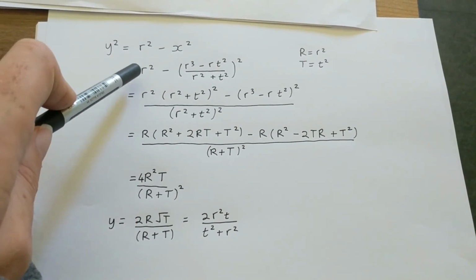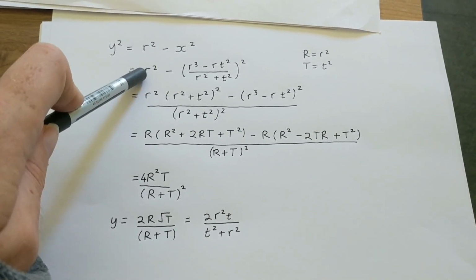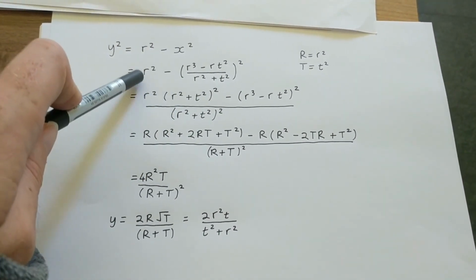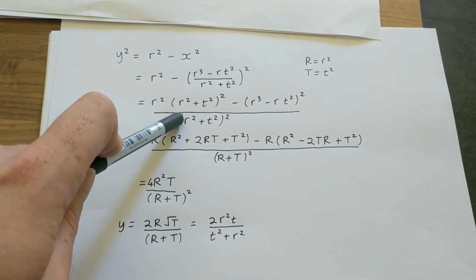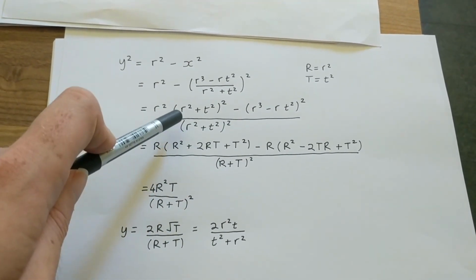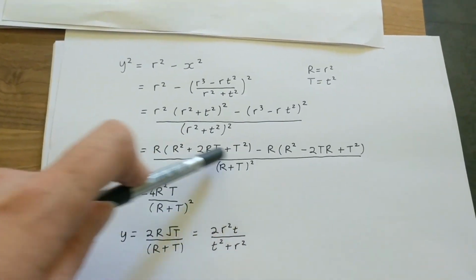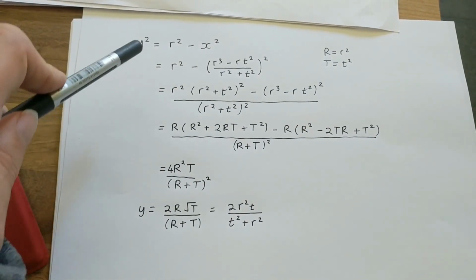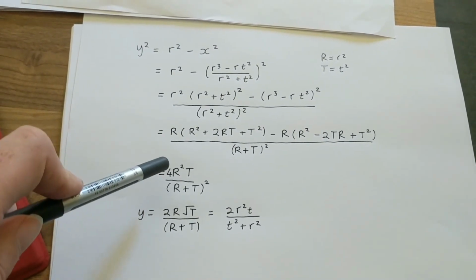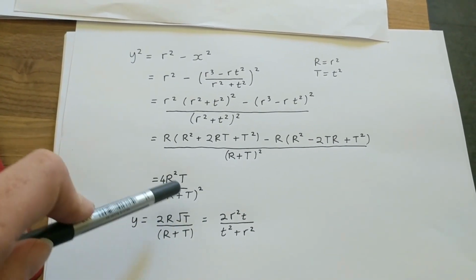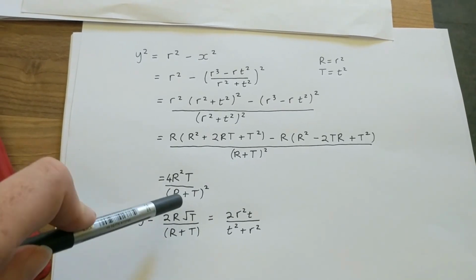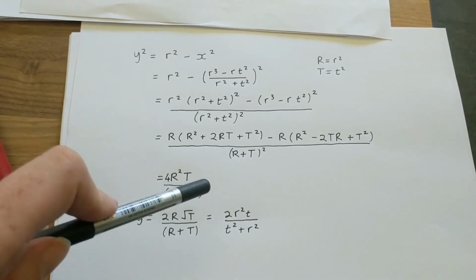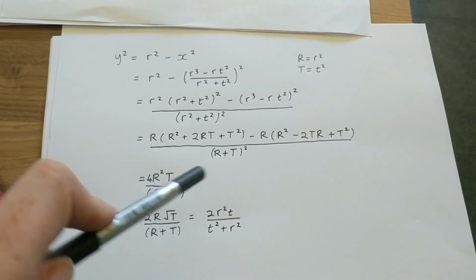And if we write this as something all divided by r squared plus t squared all squared, we see that the numerator simplifies immensely, and we end up getting that y squared is equal to 4 times capital R squared times capital T all divided by capital R plus capital T all squared on the bottom.